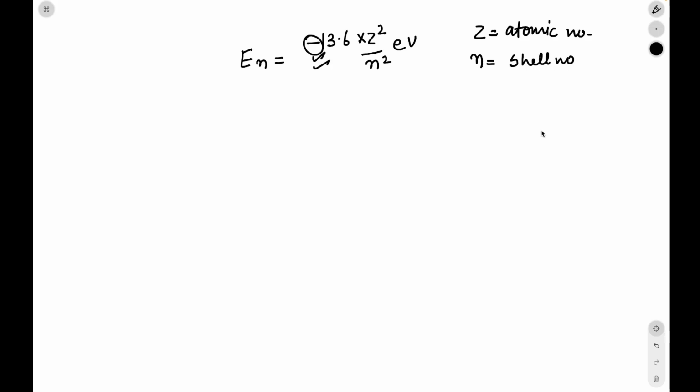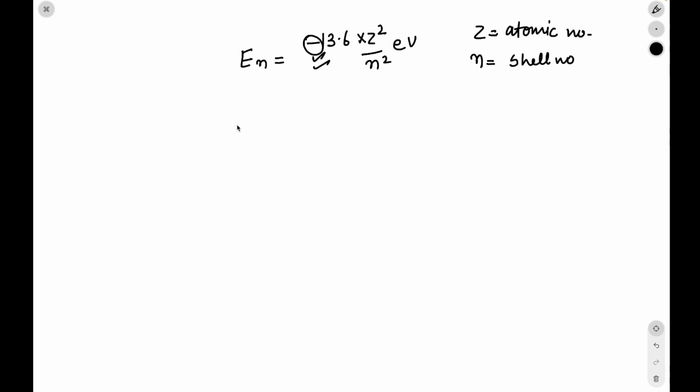This formula comes from Bohr's atomic model and helps us to calculate how much energy an electron has in any given orbital. The derivation is quite complex and mathematical, so we won't go into that right now. Instead, we will focus on how to use the formula.